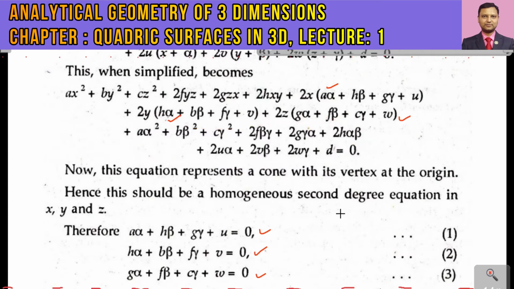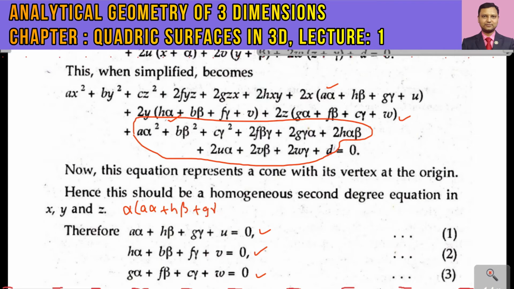And the interesting fact is that this constant term can be arranged in this way: alpha into the first expression, a alpha plus h beta plus g gamma plus u.